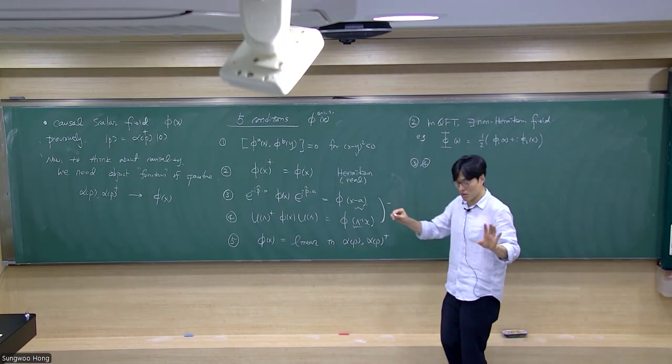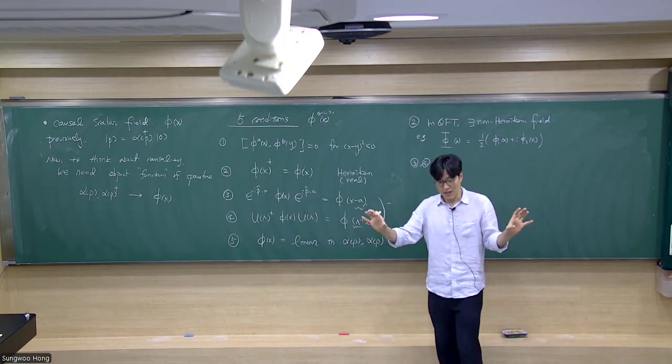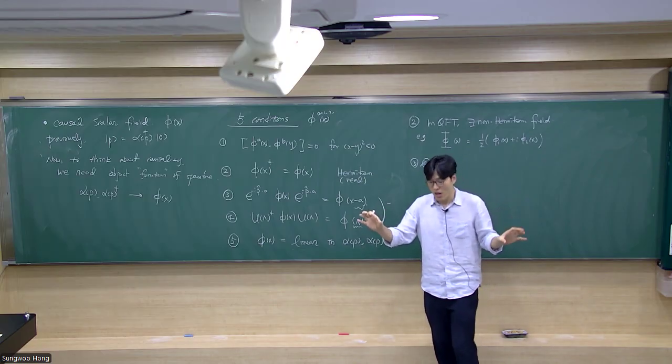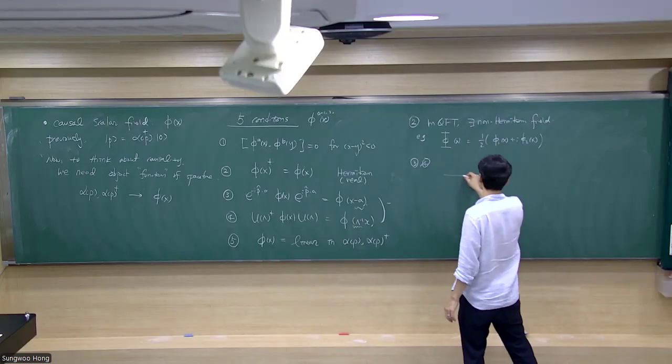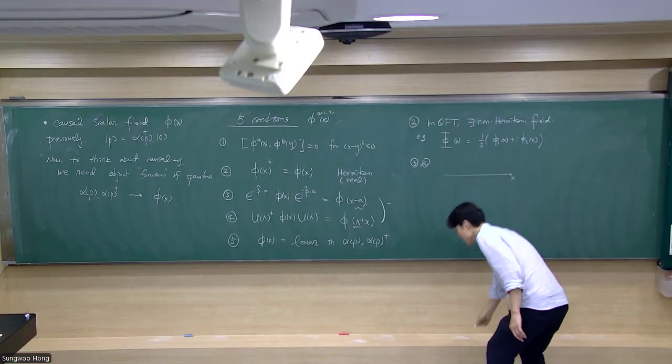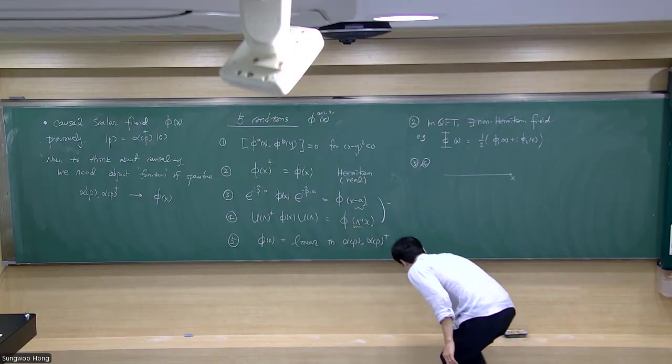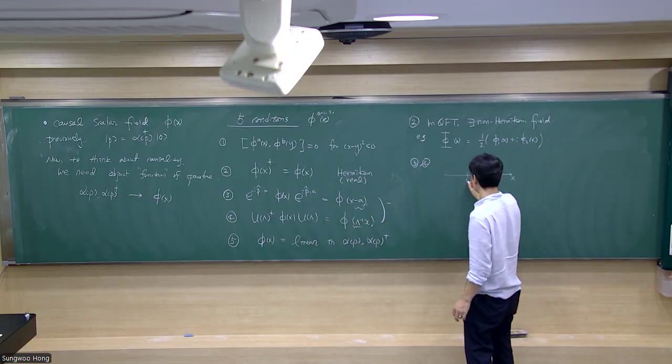So again, we are comparing the Schrodinger versus the Heisenberg picture. The Schrodinger picture is like this, basically. Suppose I have a coordinate system with the origin here.